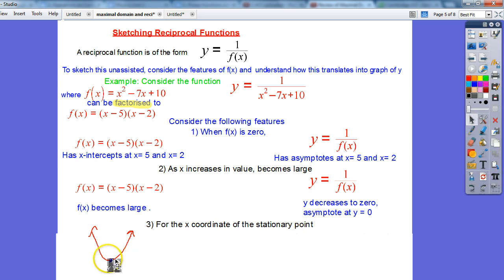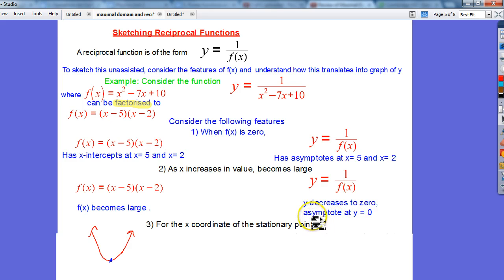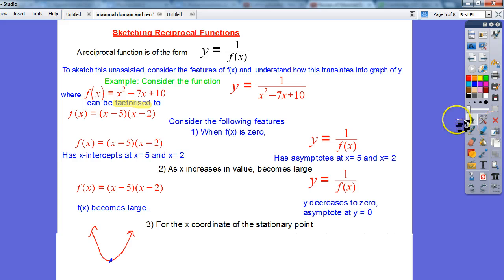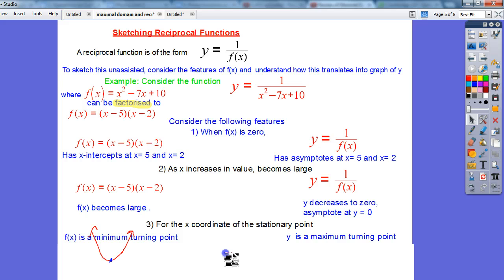So what would happen now to the stationary point for the reciprocal? In fact, what we'll find out shortly when we examine stationary points more carefully, is that all minimum turning points of f of x become maximum turning points for the reciprocal function. Okay, they swap. And vice versa, if it was a maximum turning point for f of x, then that will be a minimum turning point for the reciprocal function.